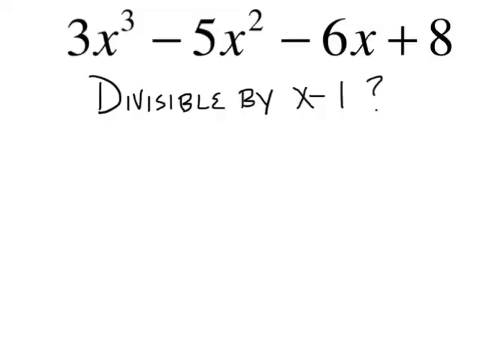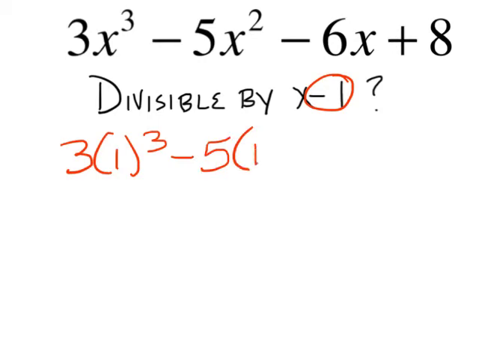Here's another one just like it. It's the exact same expression that we just did, but this time we're going to test it for x minus 1. So instead of plugging in the negative 1, we're going to plug in 1. Do the opposite. So 3 times 1 to the third minus 5 times 1 squared minus 6 times 1 plus 8.